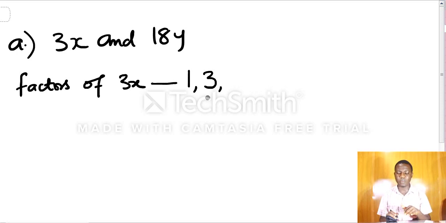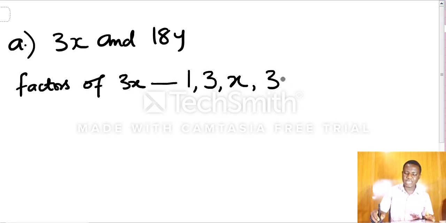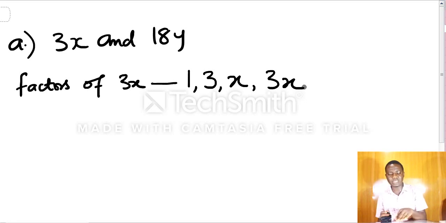So for the numbers, these are the two factors of 3. And also we have x to be a factor as well as 3x, because all these numbers can divide this without a remainder and they give whole numbers.